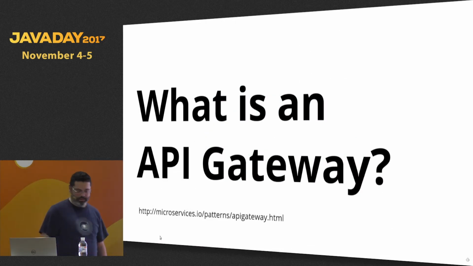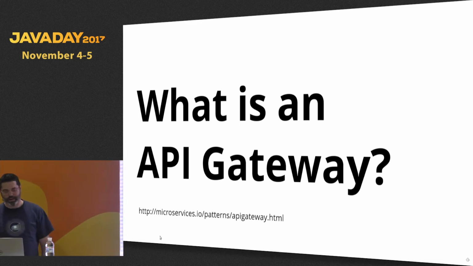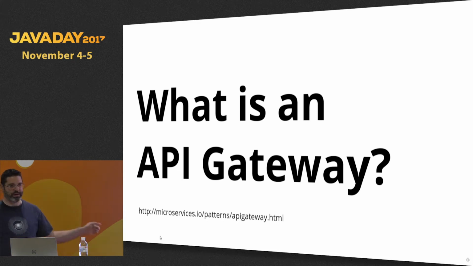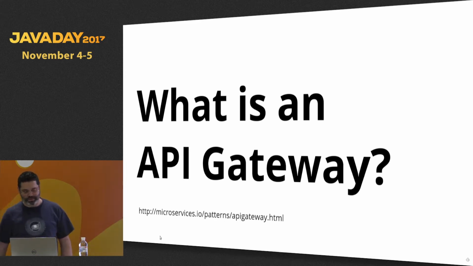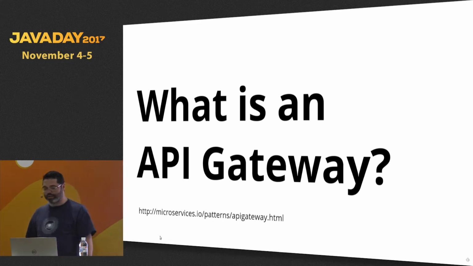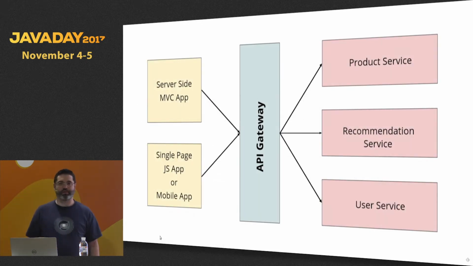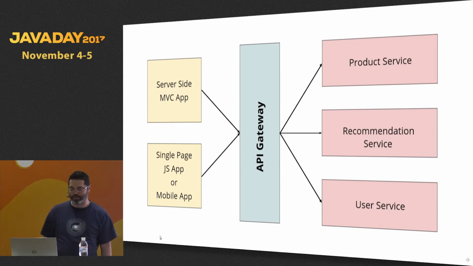So let's talk a little bit about what is an API gateway. Chris Richardson has a great definition at microservices.io, but in essence, it's something that lives in front of your microservices architecture. It's the public facade.